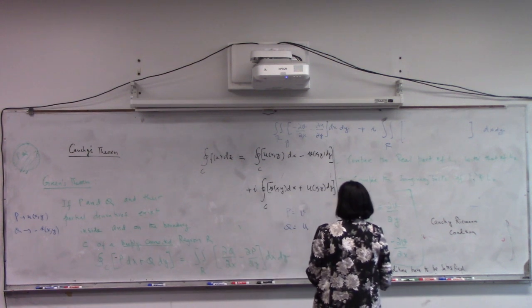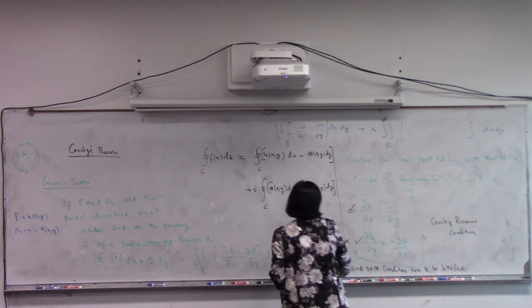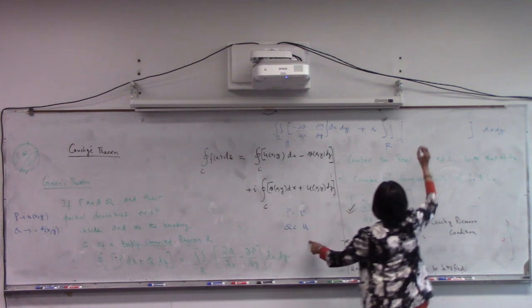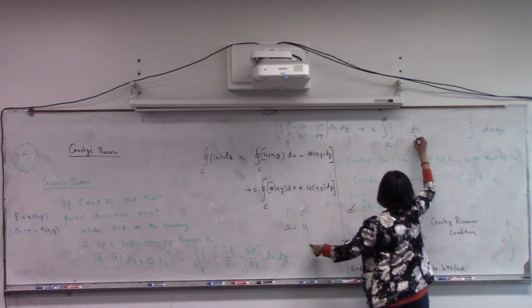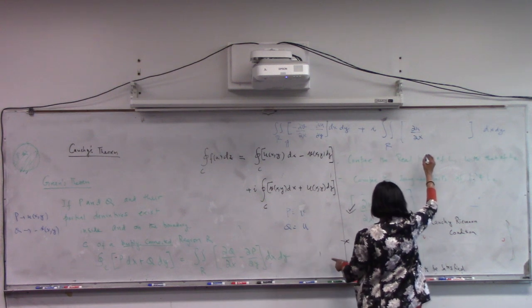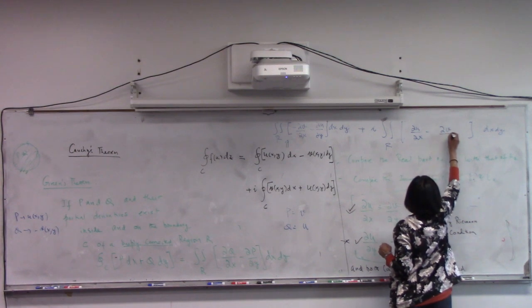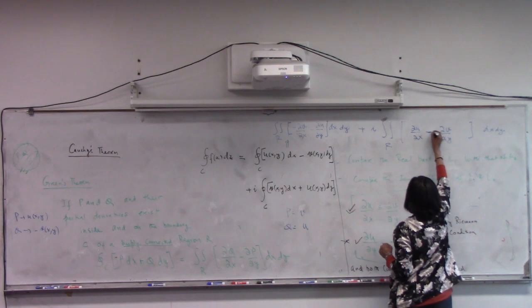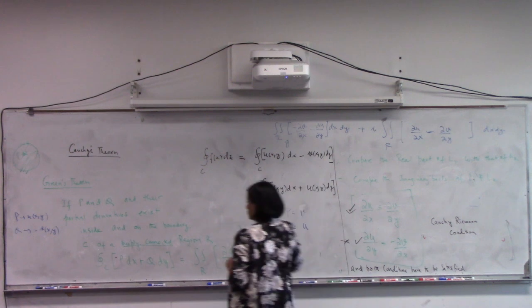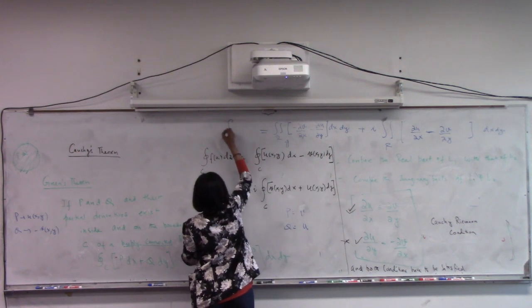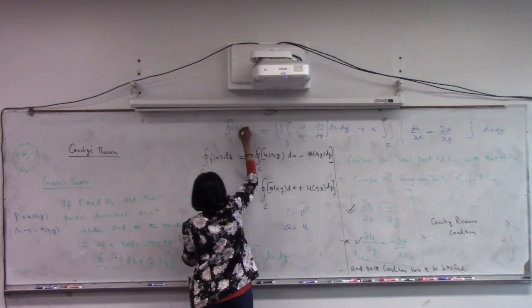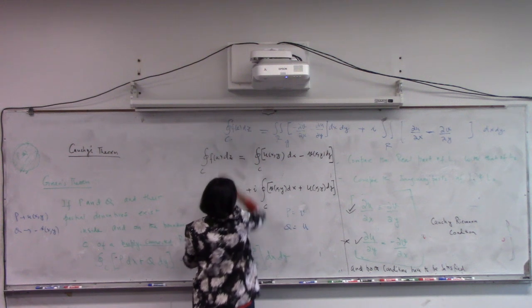So that integral becomes what? Partial u with respect to x, and the next one is partial v with respect to y. Yeah, so that's what it becomes. Right, so this is what our contour integral of f of z dz has become.